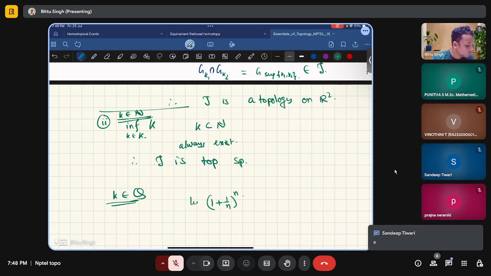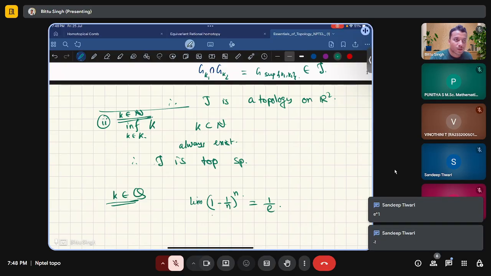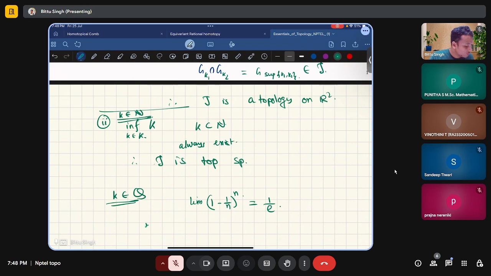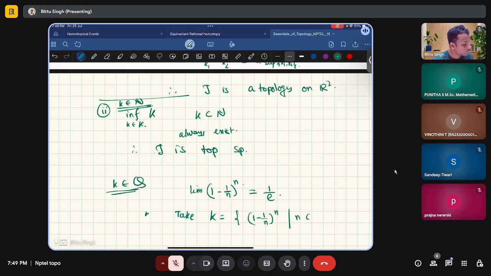Yes, this limit is e, and if we replace it by minus 1 by n, this limit is 1 by e probably. So in this case, this is actually a decreasing sequence, and you can see the infimum of this set. So take K to be the set (1 minus 1 by n) to the power n, where n belongs to N.